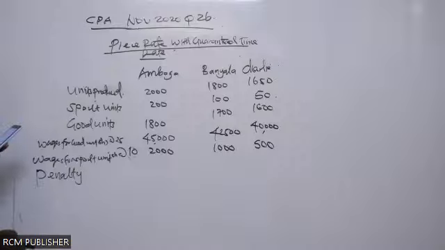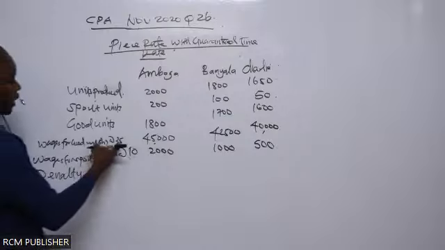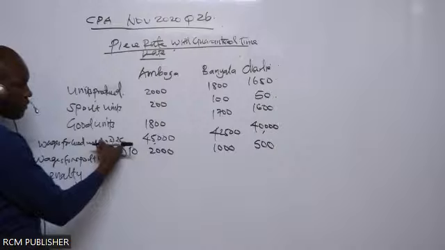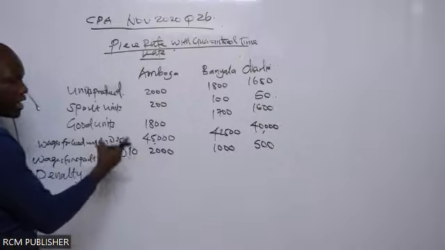So the penalty is 8%. The rate of good units here is 25 shillings, and a penalty is charged.